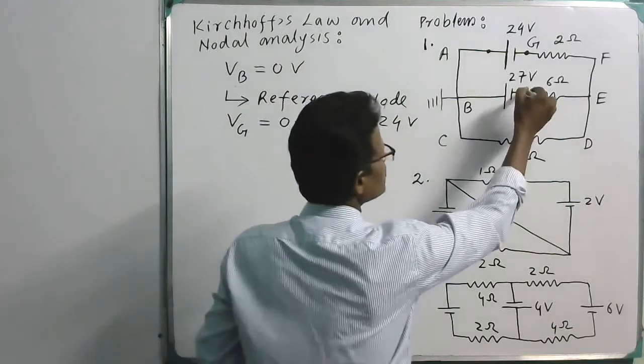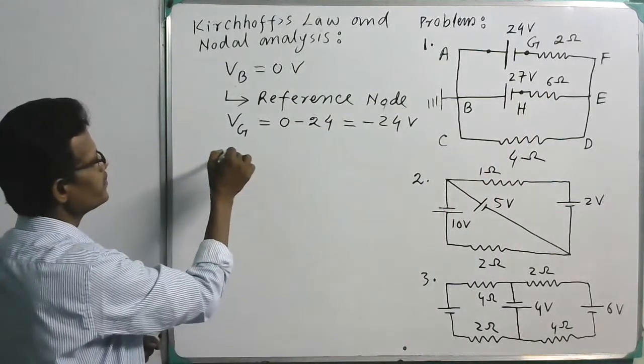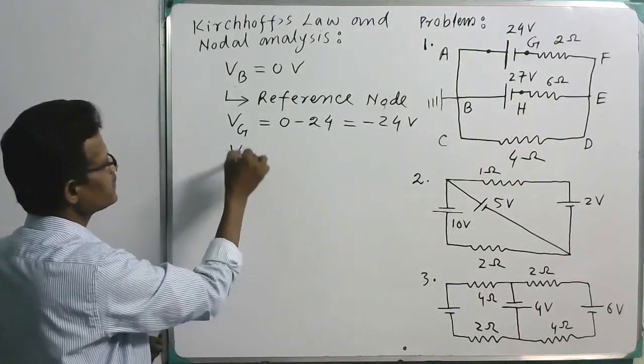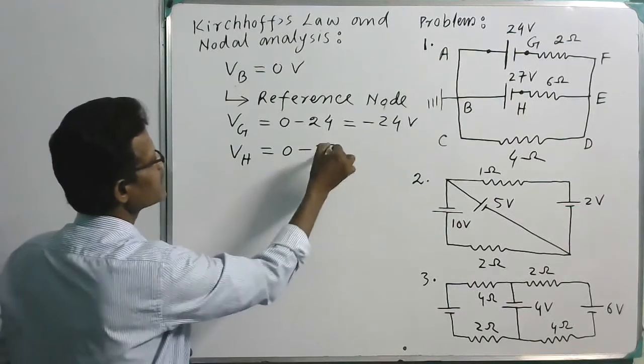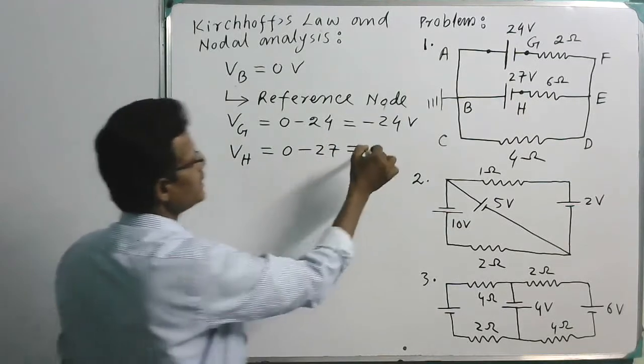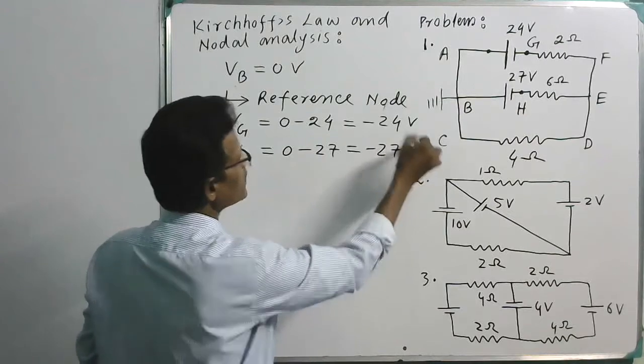Here also the potential of point H, VH, is 0 minus 27, or minus 27 volt.